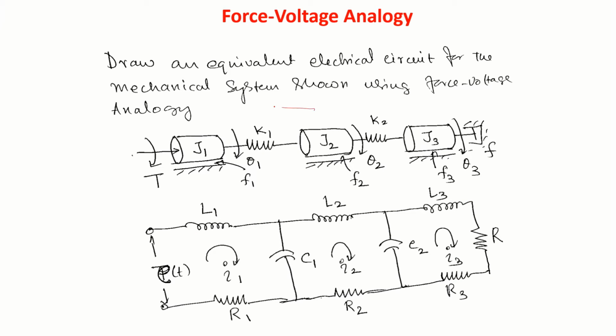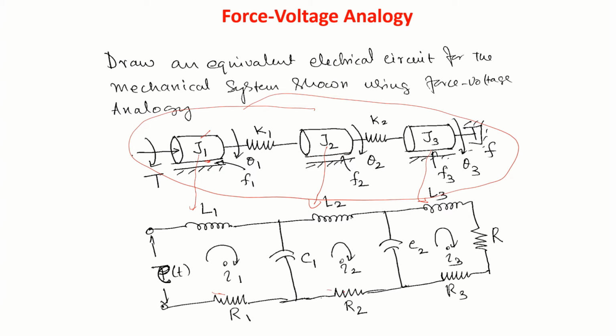Now in this example, I have shown three rotational masses. J1 should be an inductance, J2 is another inductance, J3 another inductance. This resistor is in series, so show the resistor in series because the same current will flow here.